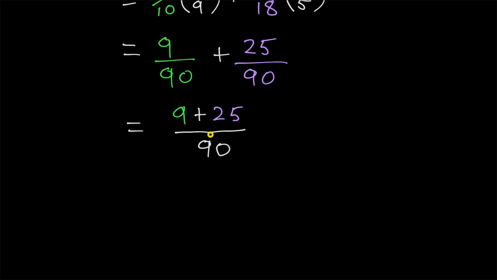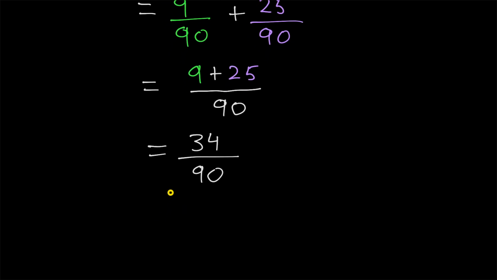Right, so now let's just perform the addition up here. 9 plus 25 is equal to 34 over 90. Now we're almost done here, except that we can reduce this fraction. We can reduce this fraction because we can take out a 2 from the top and a 2 from the bottom.